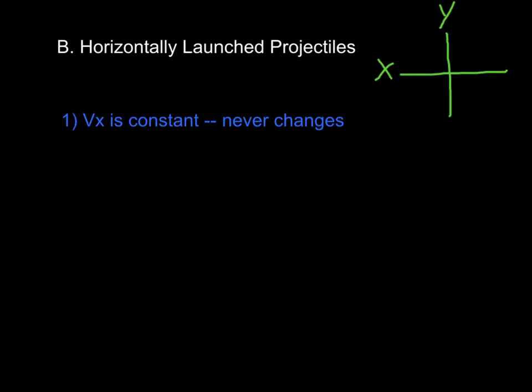The first thing that we can say about the motion of a horizontally launched projectile is that the velocity in the x direction is constant. This is the velocity that the projectile gained from whatever force set it in motion originally, and that velocity stays the same. It never changes.